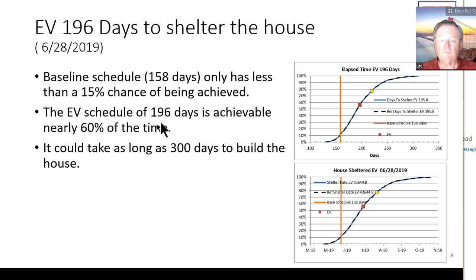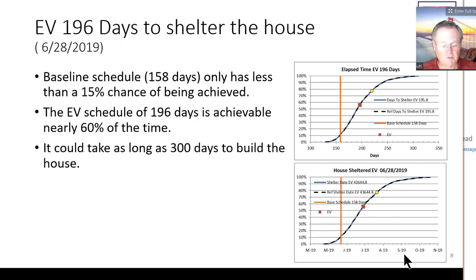The EV schedule is 196, so here's the EV, 196. But it could take as long as 300 days way out here on this tail end. And then this graphic is the same, except I've converted these days for the schedule into dates.